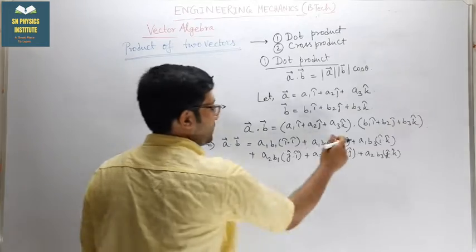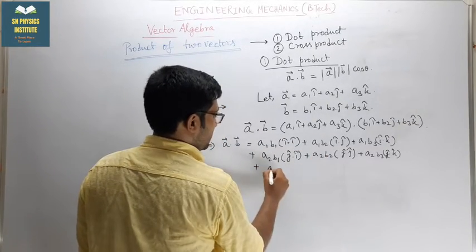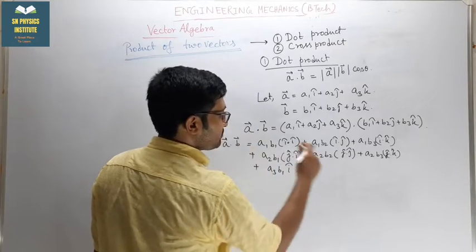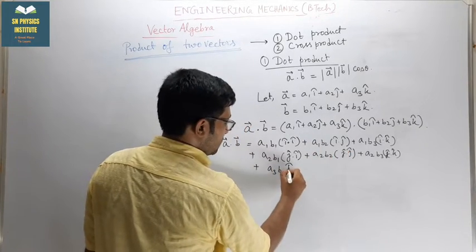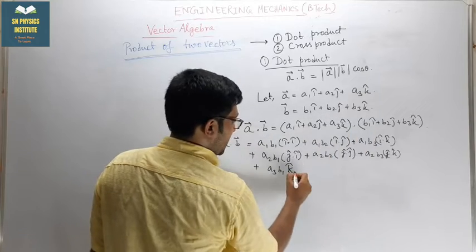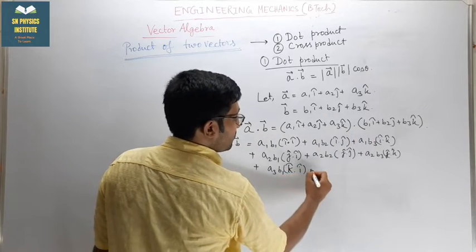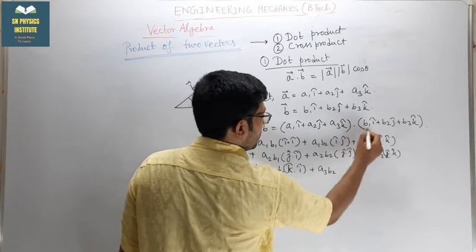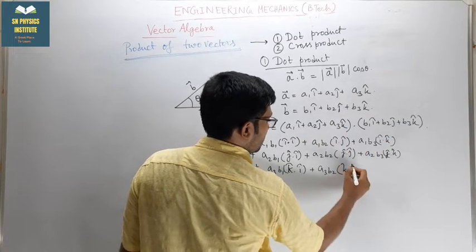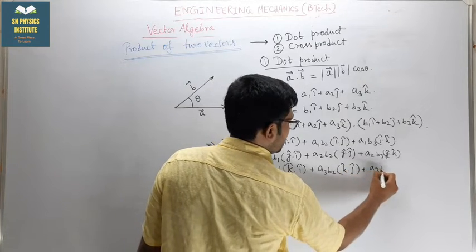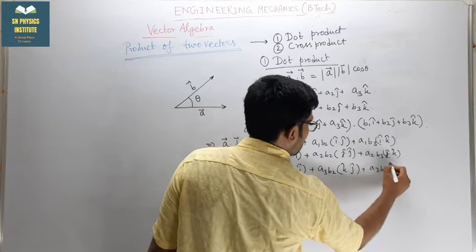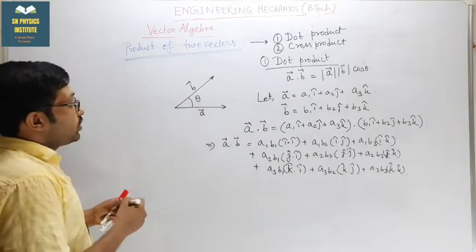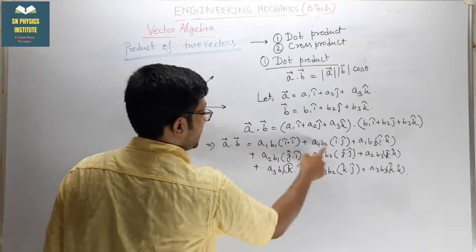And the last line is A3 B1 k dot i, plus A3 B2 k dot j, plus A3 B3 k dot k. Okay, so see how you can find out the value of i dot i, i dot j.